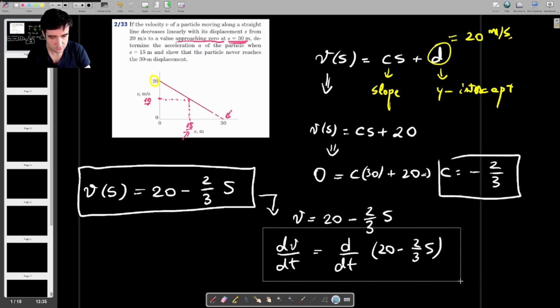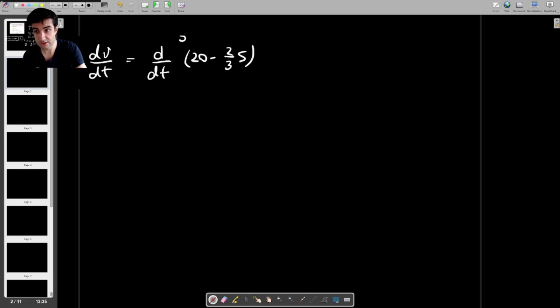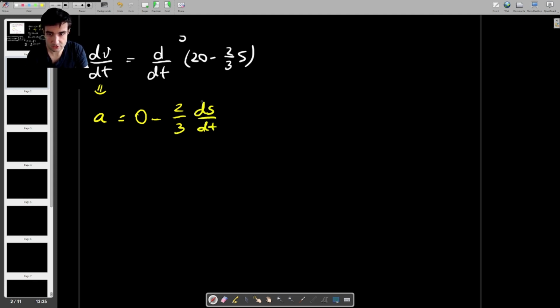So let's take this to the next page and see what this is going to give us. Obviously dv by dt is acceleration, and then d by dt of 20 is 0, and then minus 2/3 ds by dt is going to be just the velocity. So we can say that acceleration is minus 2/3 of v.